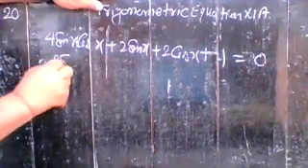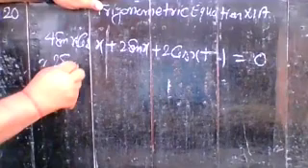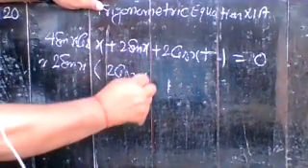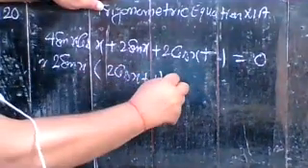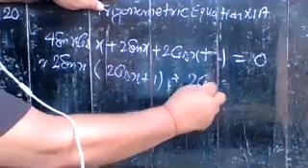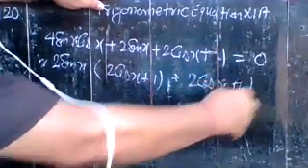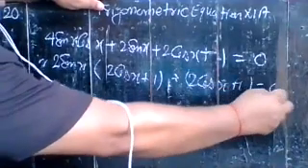So here you have 2 sin x common times (2 cos x plus 1), and here you have again 2 cos x plus 1, and this is equal to 0.